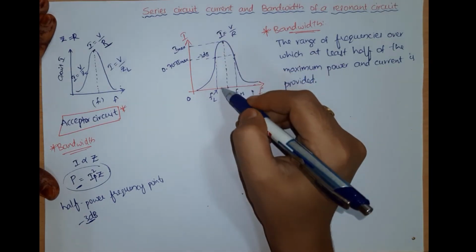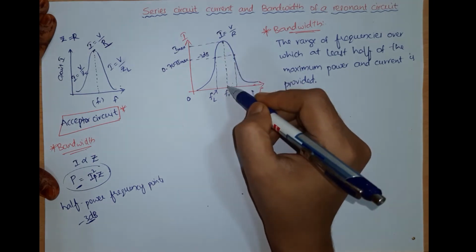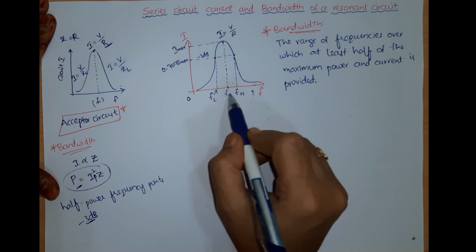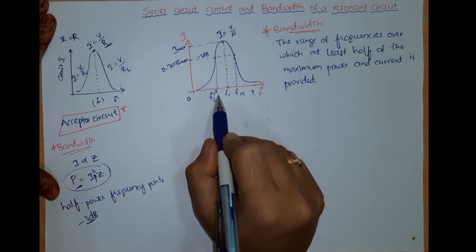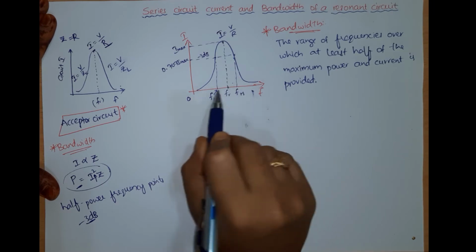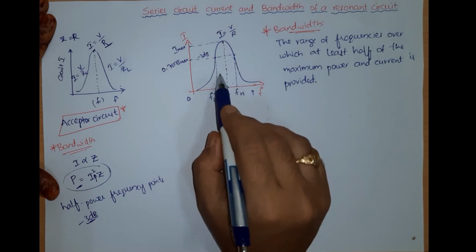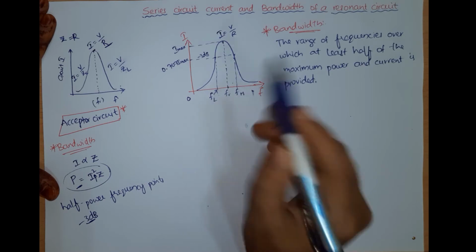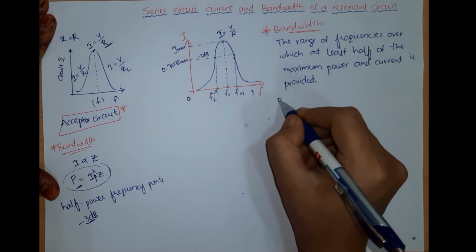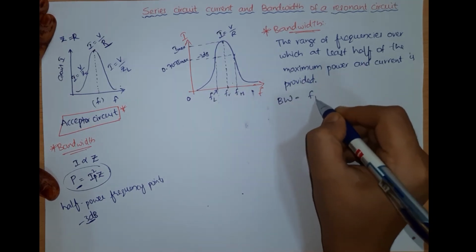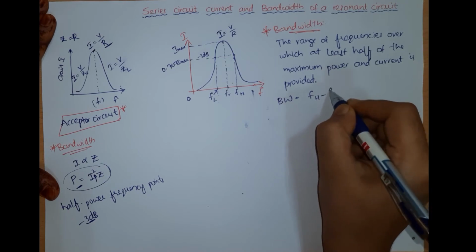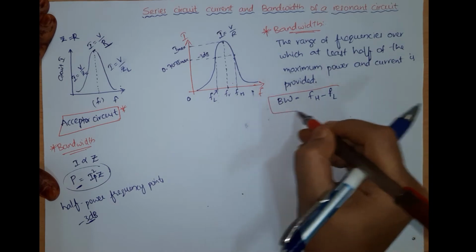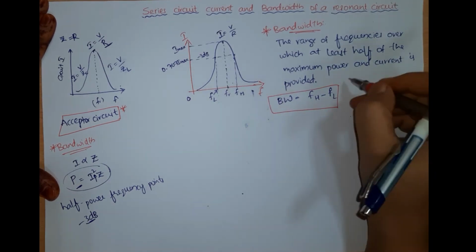So this is the area between FL and FH. It can also be defined as the distance between these two points, FL and FH, that is the range over which half of the power or current will be provided. Bandwidth can also be defined, in simple terms, as the difference between the lower cutoff frequency and the higher cutoff frequency. This is the bandwidth.